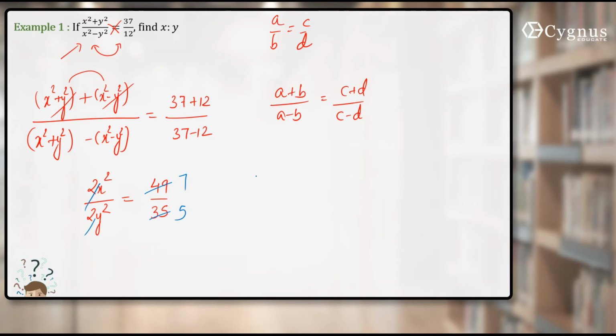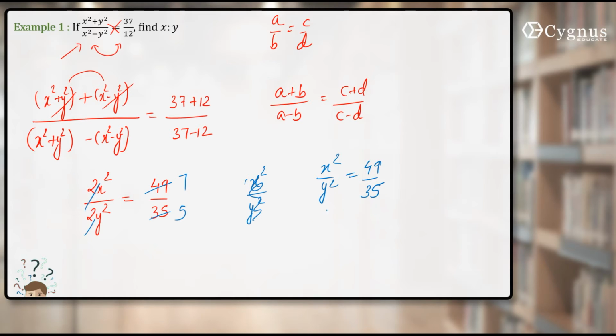This 2 will be cancelled out. So what do you get here? x square by y square is equal to 49 by 35. And 49, or let's not cancel out this because the 7, it will remain same. I'll say x square by y square is equal to 49 by 35. Yes or no?